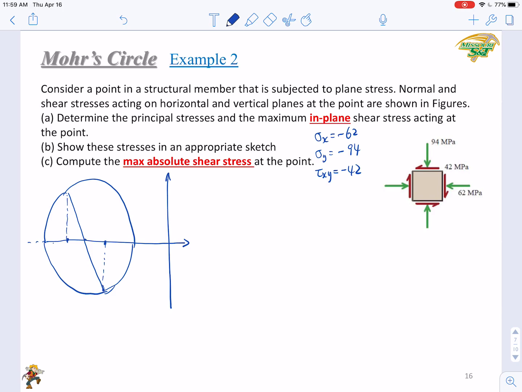Then here you can identify those critical points. The center will be negative 78, 0.